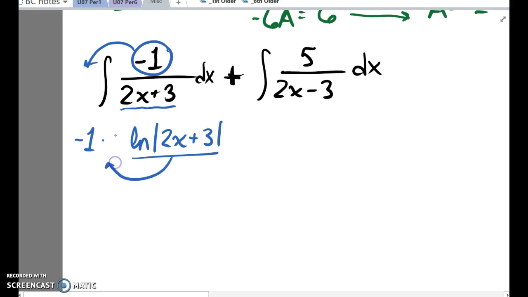So to counteract that, I'll put a 1/2 in front. So that's the mental u substitution. We'll deal with the other fraction in just a moment. If we had actually written this out, and hopefully you'll get to the point that you don't have to write it out every time, we let u equal 2x plus 3, dx was du over 2, and that denominator was where that 1/2 came from.